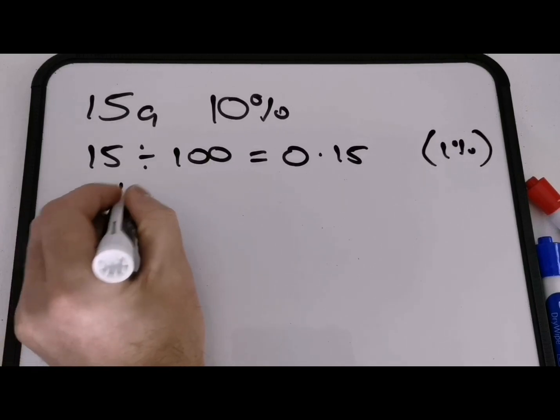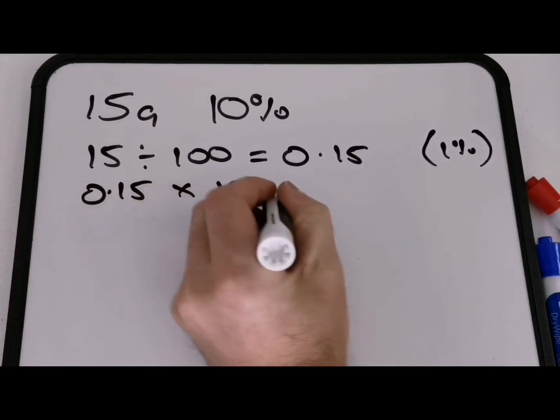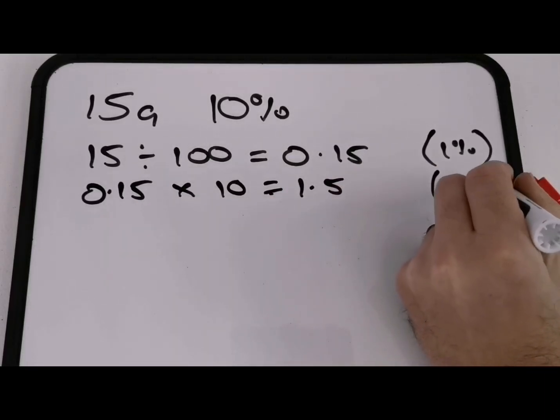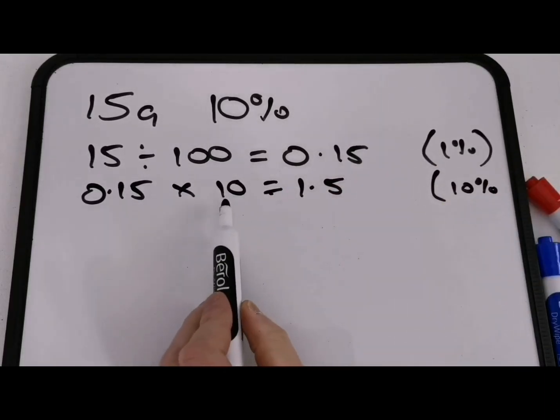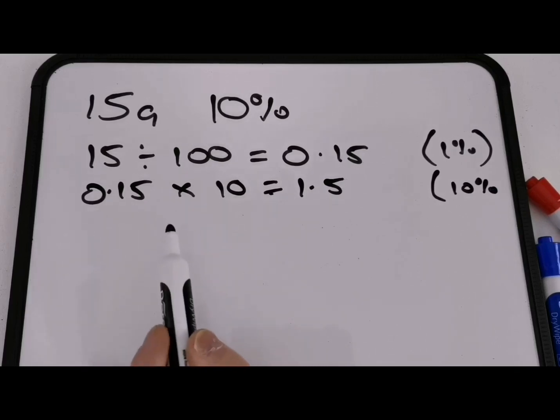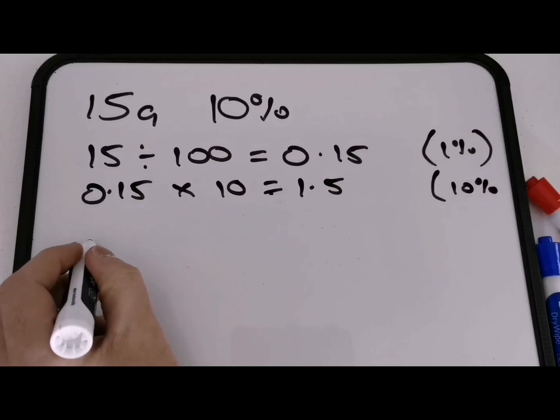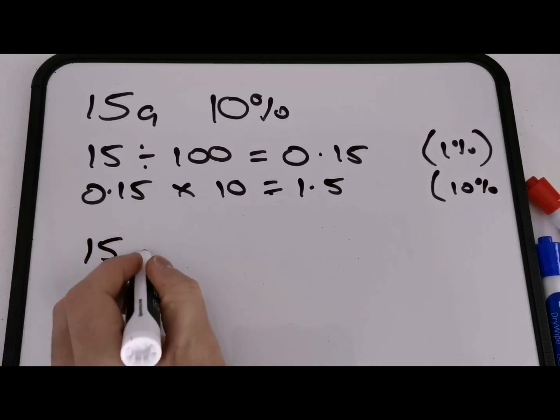And if we take our 1%, 0.15, and multiply that by 10, it comes out as 1.5 gallons. Obviously, you could have just done it by 10 in the first place, but if it was 15 or 20, it's a little bit harder to work out. So that's why I prefer to do it like this.